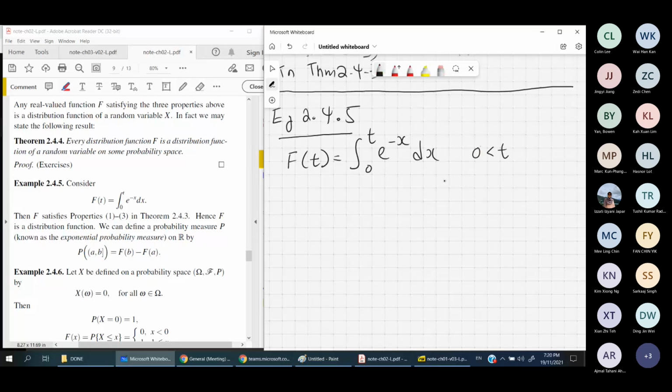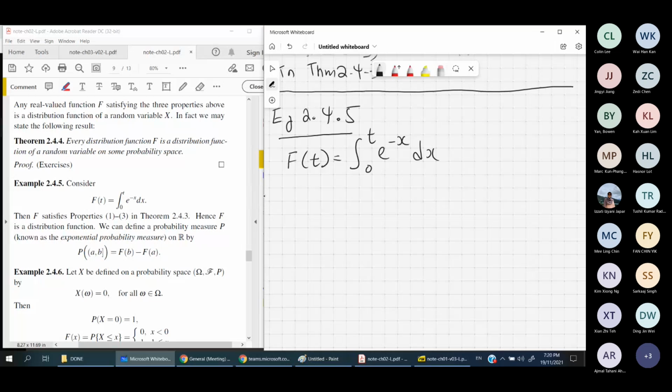Since we didn't mention the property, maybe always take this as such. Okay, so I think from here you can check carefully and easily. First of all, it always fulfills the 3 properties.